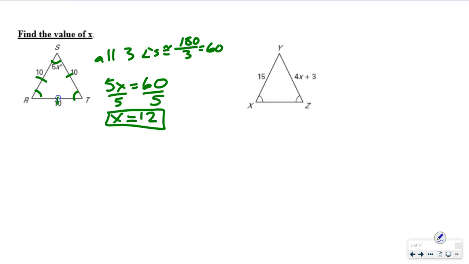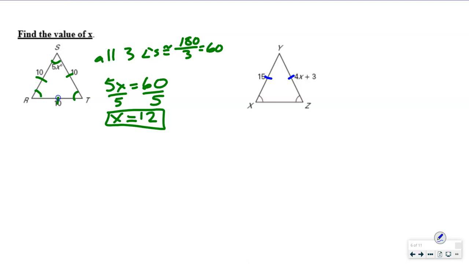Our second example, we can see that angle x and angle z are congruent. So that tells me that we're going to be using the converse of base angles theorem, where we know these two angles, so we would know their corresponding sides are also going to be congruent.